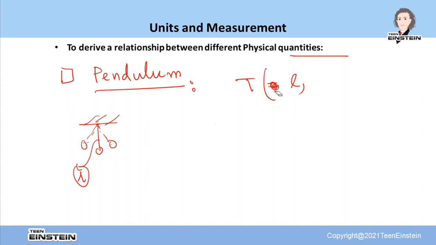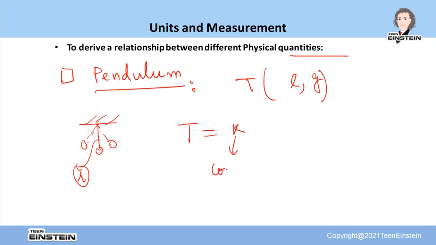It also depends on the gravitational acceleration g at that particular place. So you need to know this kind of fundamental or prior knowledge, like which quantities it is related to. Now you have to write in terms of dimension.